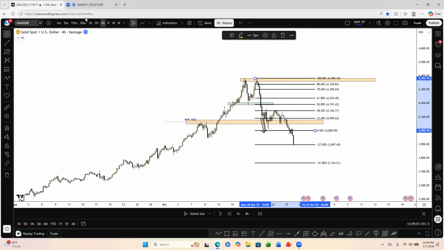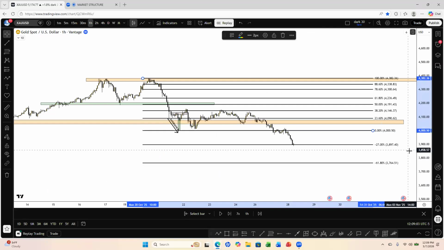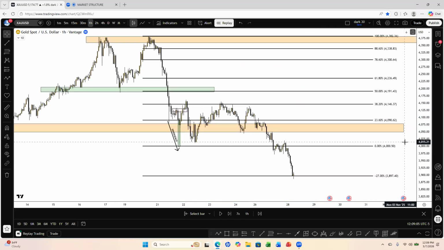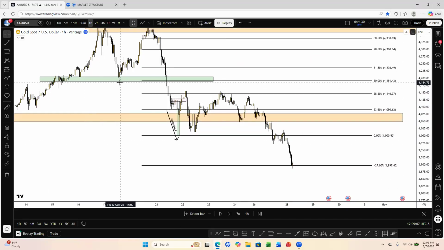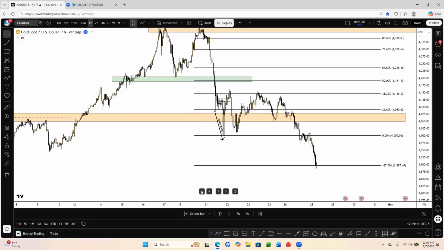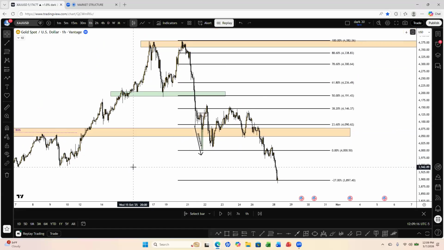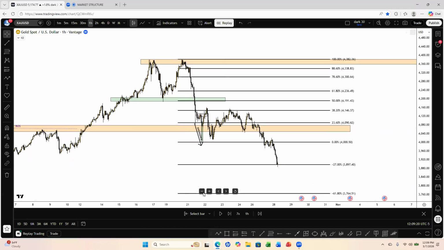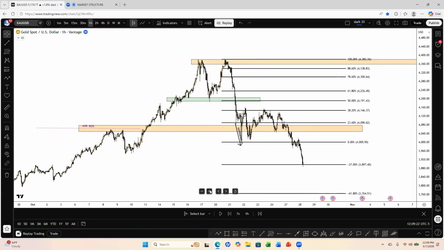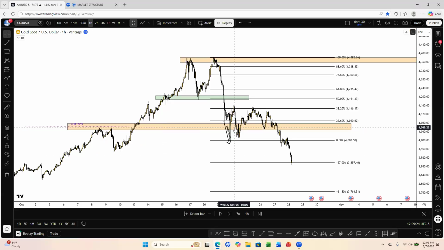So what it looked like it did was, based off of that 4 hour break and 1 hour breaker structure, it continued to go down. It played that 1 hour sell off instead of going for that buy on the 4 hour. It broke through it and sold off.